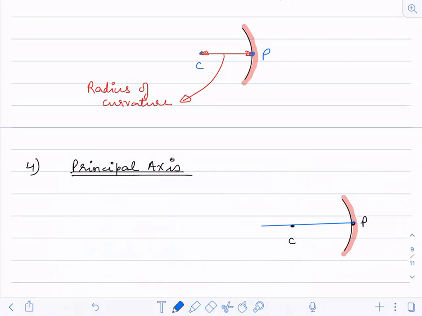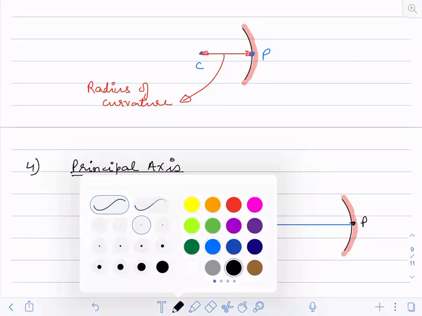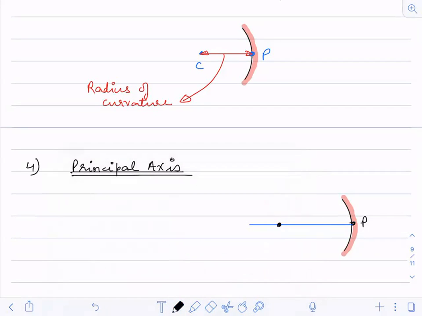This imaginary line which passes through C and P is called the principal axis. So the line joining the center of curvature to the pole will be called the principal axis.